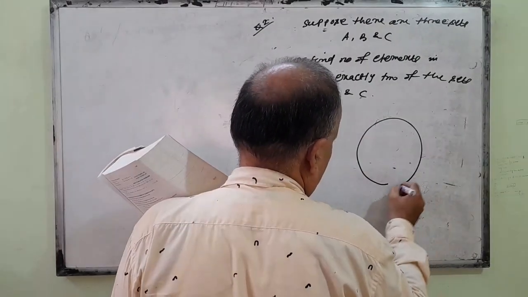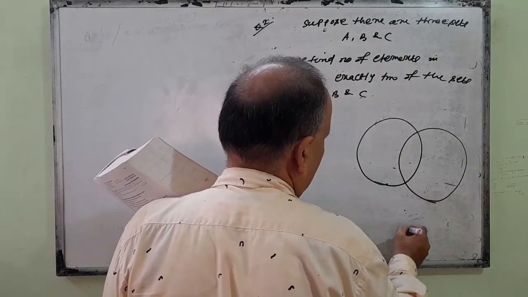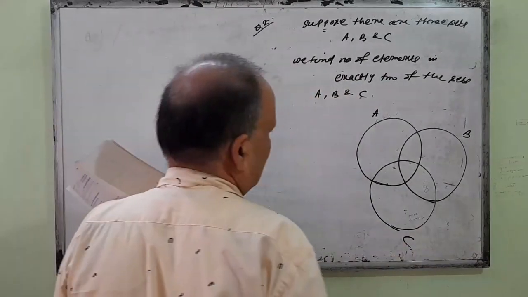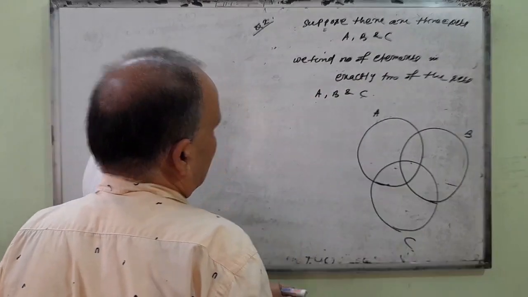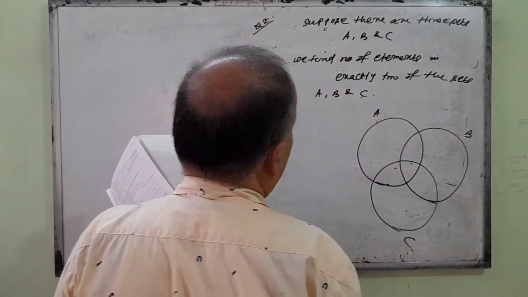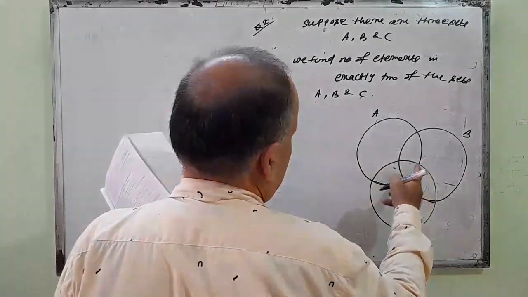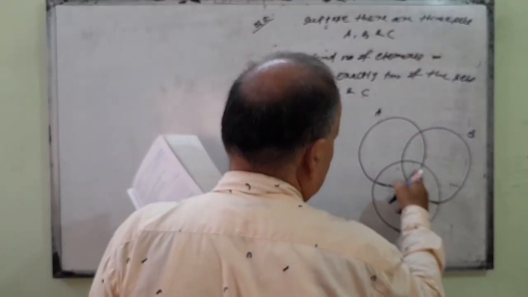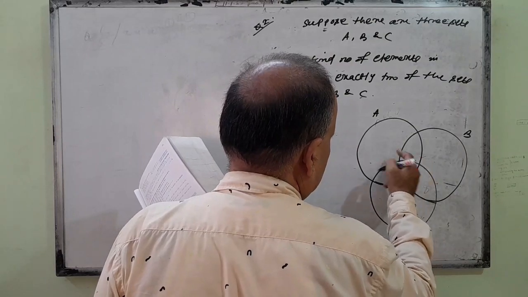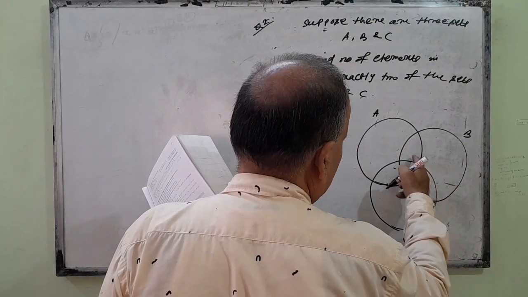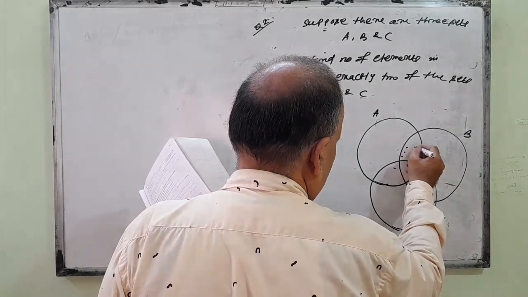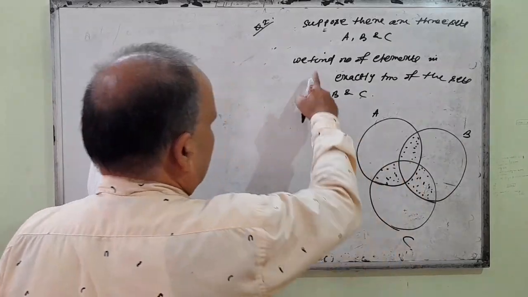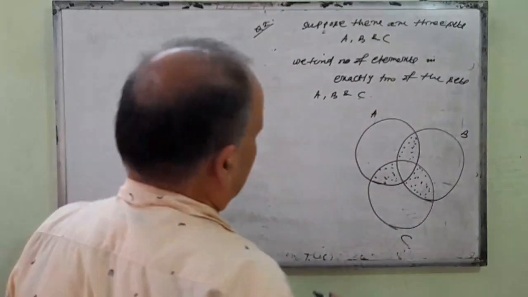Suppose this is your A, this is your B and this is your C. We find the number of elements exactly in two sets. Exactly in two sets means this part is not included because these are in three sets. This is one set, this is one set, and these are two sets, this part and this part. We will find this part.